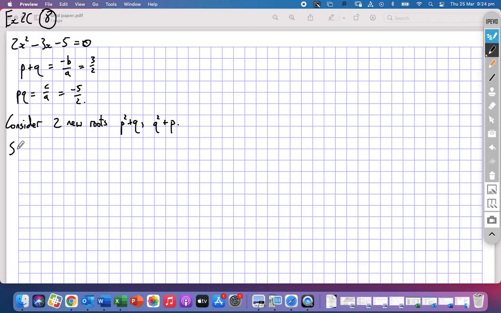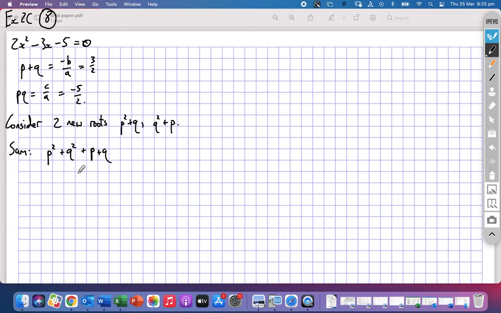So let's look at the sum of these new roots. We get p squared plus q squared plus p plus q. Unfortunately, this being the last question in the chapter, this is not as straightforward as some of the other questions. I know what p plus q is. It's 3 on 2, but I don't know what p squared plus q squared is.